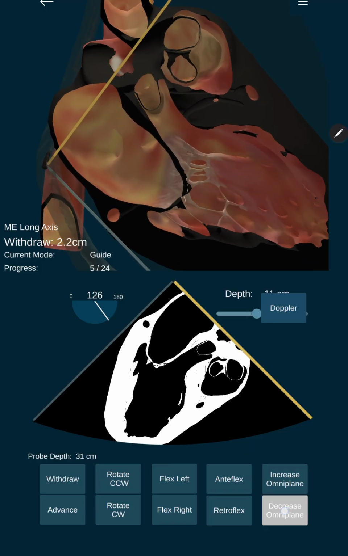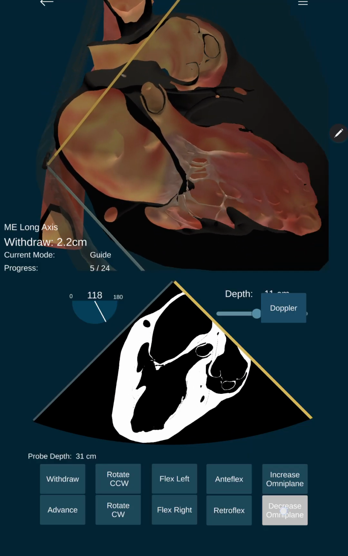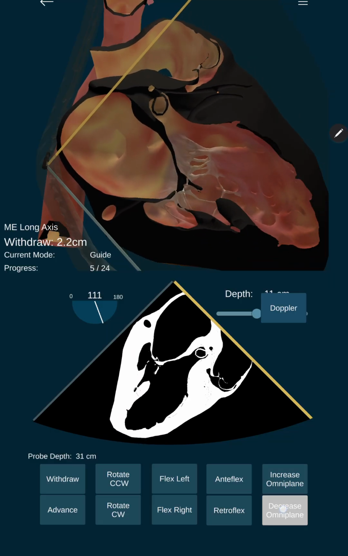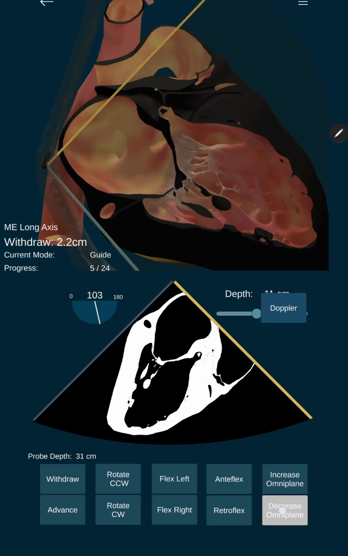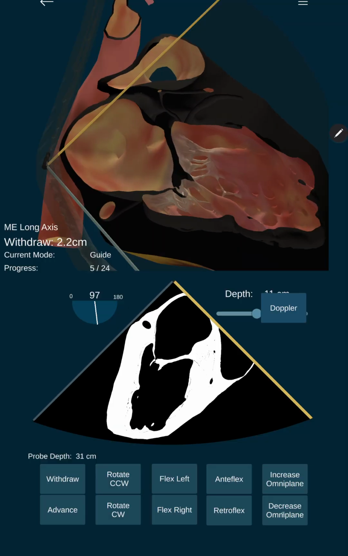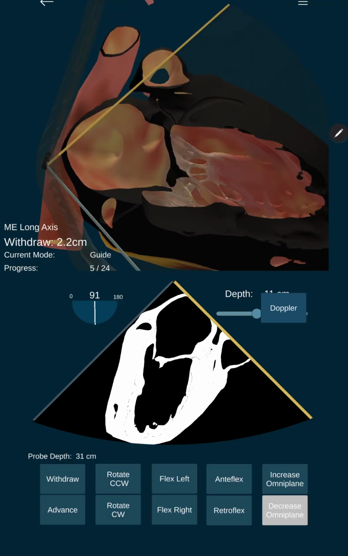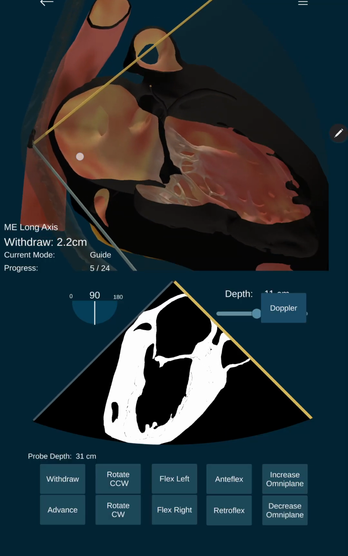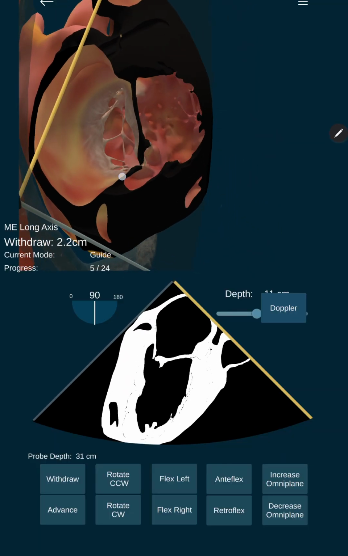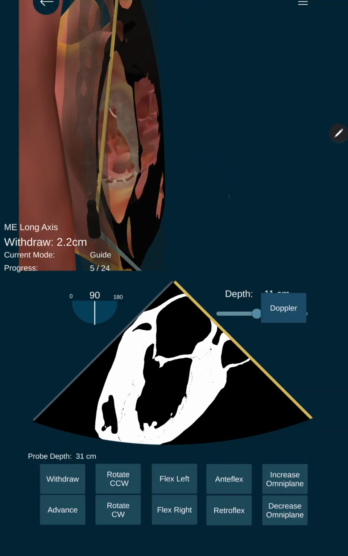Now let us reduce this angle, coming to 90 degrees, wherein we can see the whole of the anterior mitral leaflet. Let us zoom in.